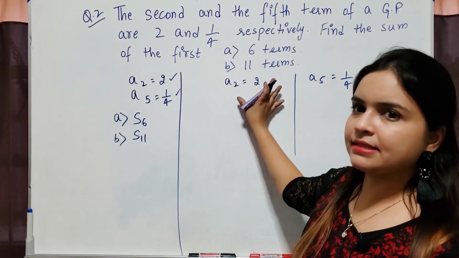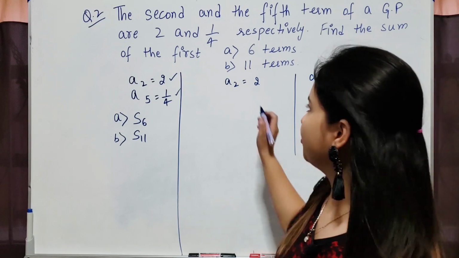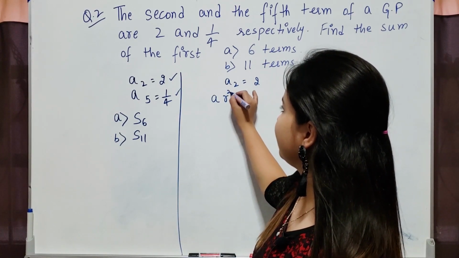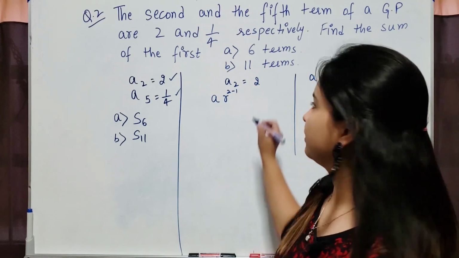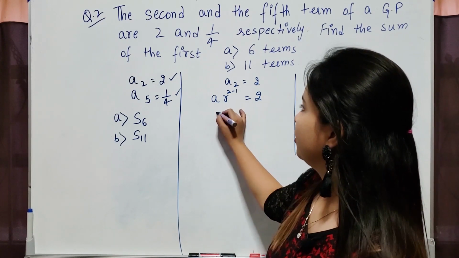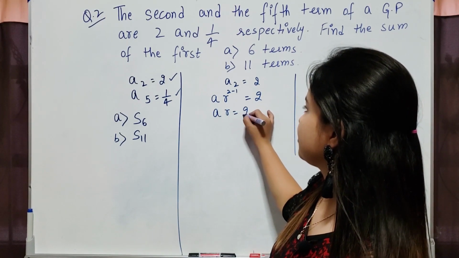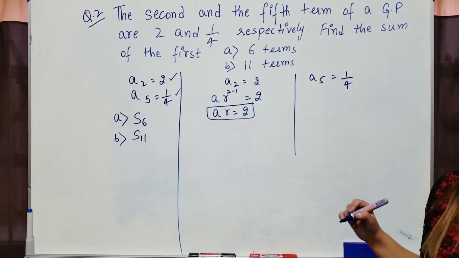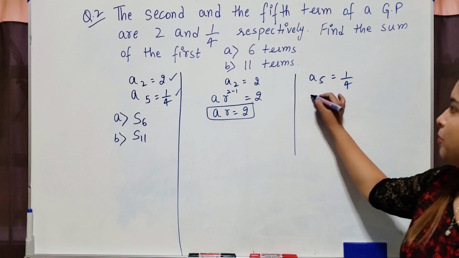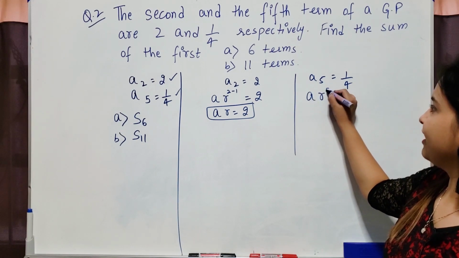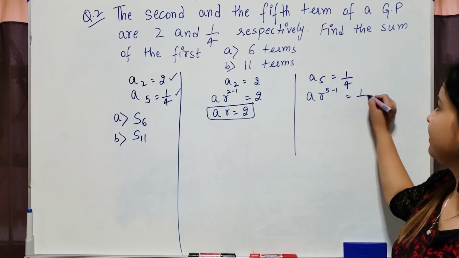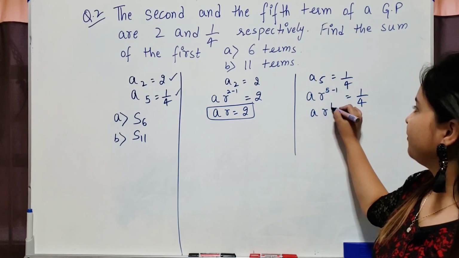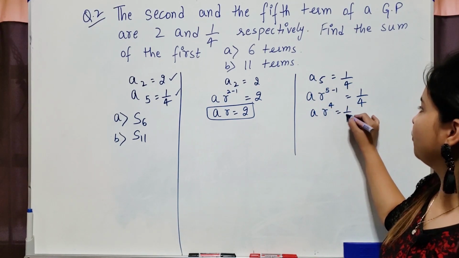Now, open this using the general term formula. A2 is A times R raised to power 2 minus 1 is equal to 2, or AR is 2. Again, open A5 using the general term formula. A times R raised to power 5 minus 1 is 1 over 4. AR raised to power 4 is 1 over 4.